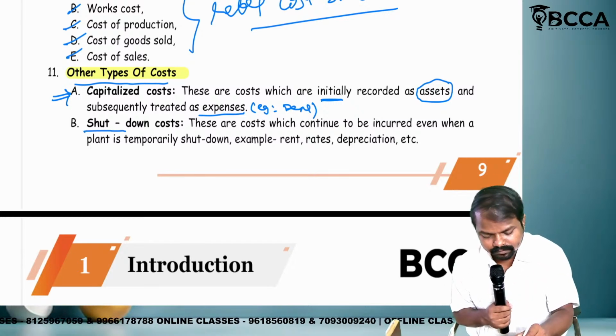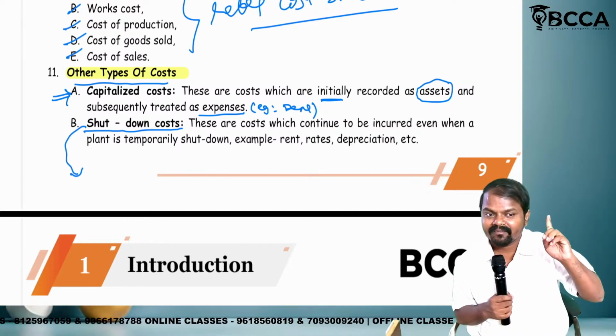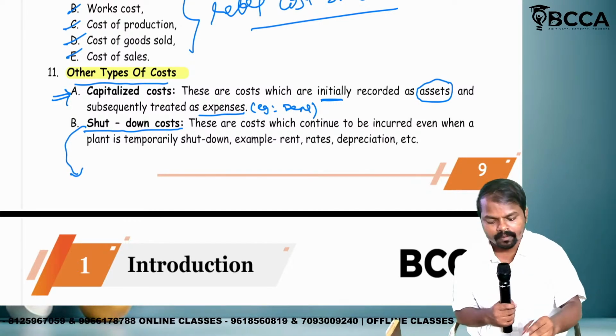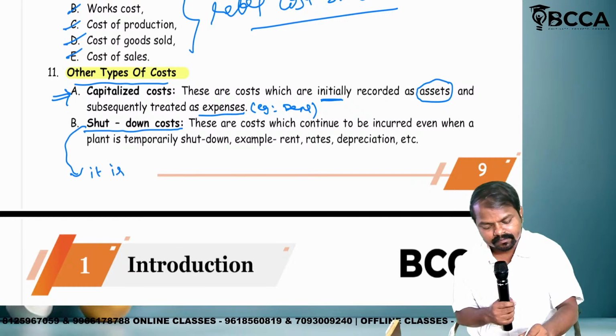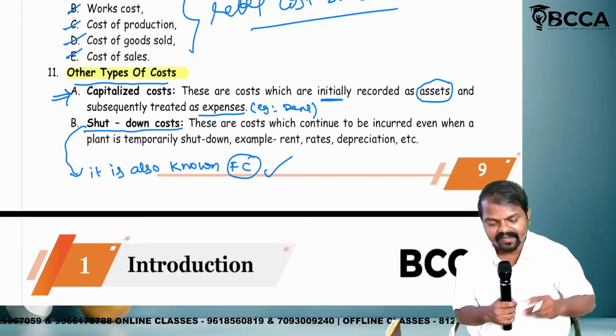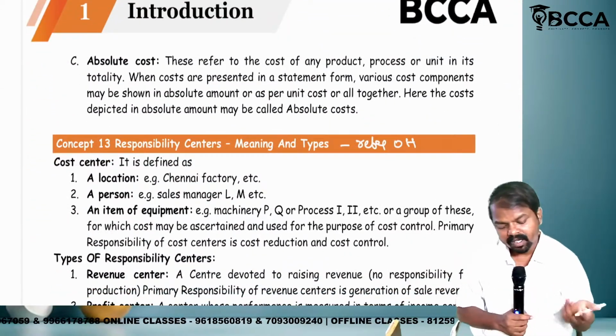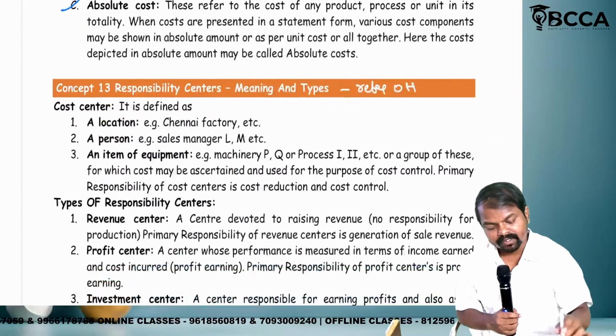Next, do you remember fixed cost, variable cost, semi-variable cost that I told? Fixed cost is the only deciding factor whether to continue or discontinue. Absolute cost, go through it.